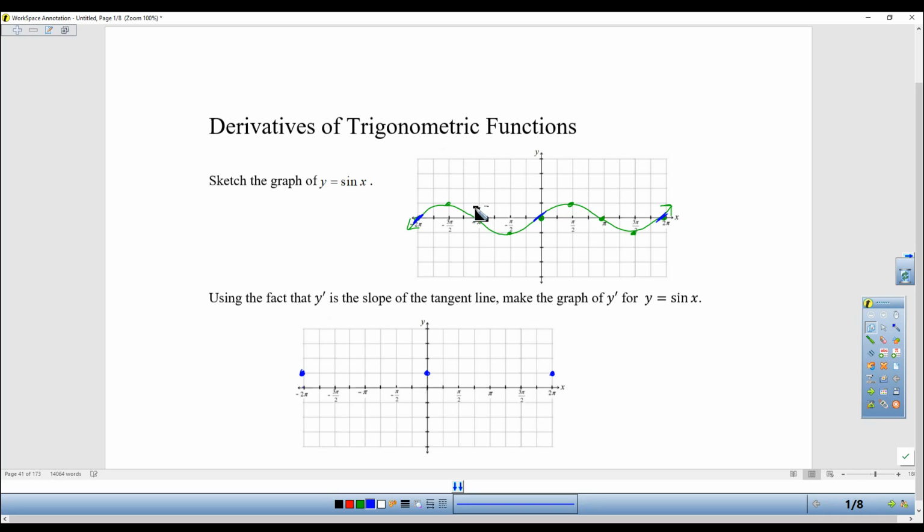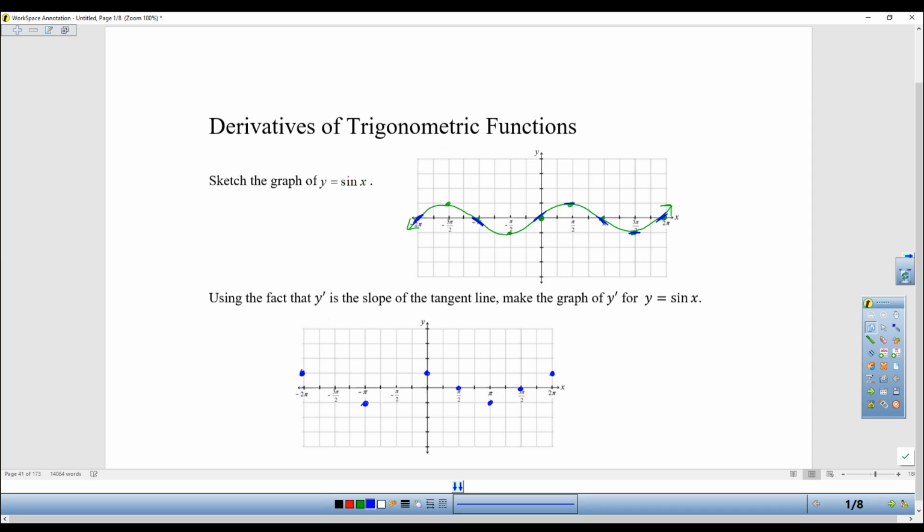That would also mean that at -pi, I would have to call that -1, but I can see that it's going in the opposite direction. So at pi, -1. And then the easiest one to identify correctly is that right at pi halves, it has a slope of 0. And at 3 pi halves, the slope is 0.